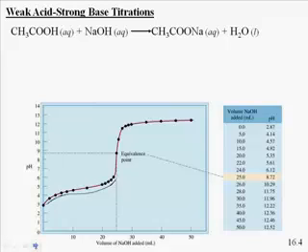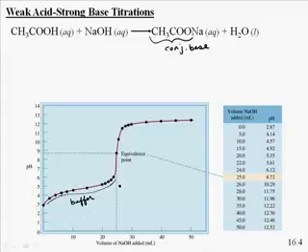As you are titrating the weak acid, you are making a salt that has its conjugate base. So when we're doing these titrations, we are basically making a buffer solution in this part of the curve. So we have some buffering going on before we hit the equivalence point.